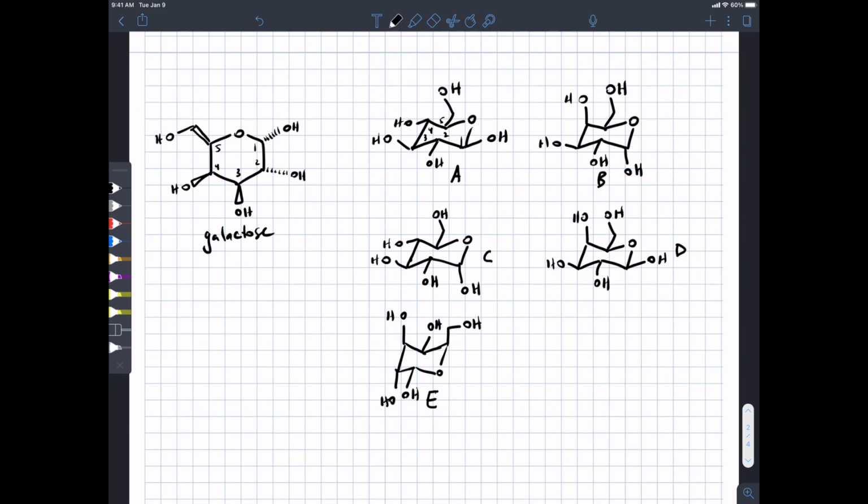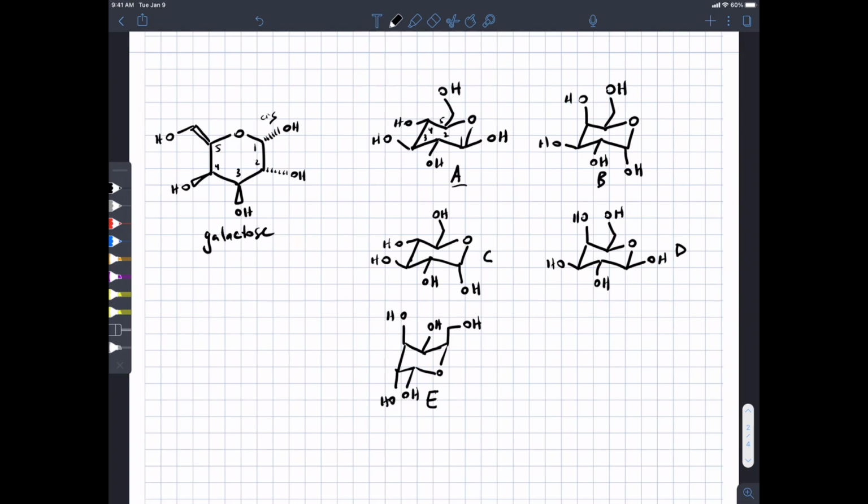Okay, so someone in the chat says that substituents at 1 and 2 are trans to each other in A, but are actually cis to each other in galactose. Good.